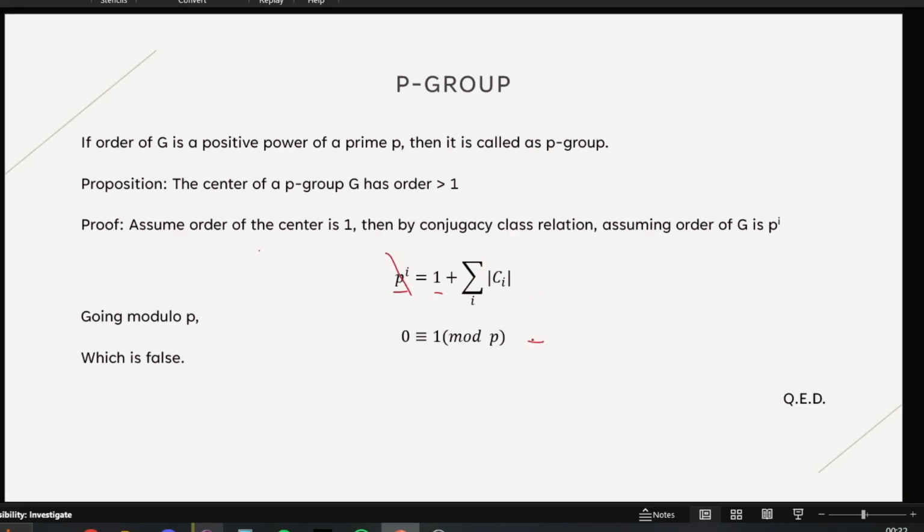So we will basically have a 1 plus 0 here. But this relation cannot hold, since 1 mod p will be 1. It cannot be 0 because p is some prime power. So it can be 2, 3 or something. So this relation cannot hold. So this is false. So the center of G will have order greater than 1.